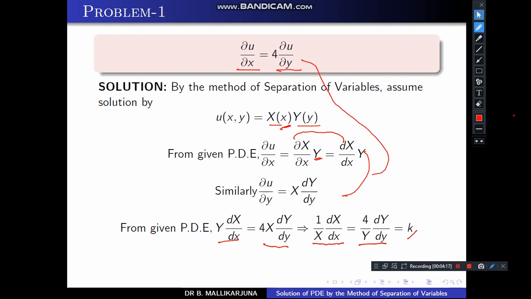Again we equate the first function equal to k and the second function equal to k. Now observe, these two are ordinary differential equations, and you can solve them by any of the techniques related to ordinary differential equations. These are simple equations, so I would like to apply separation of variables.